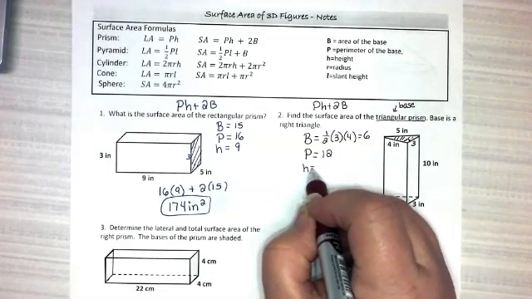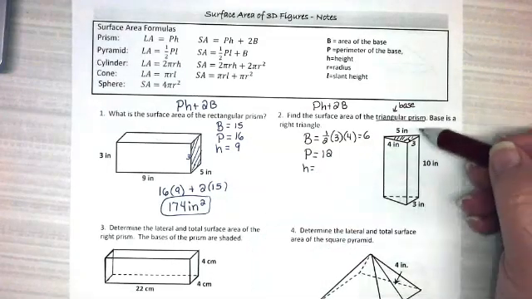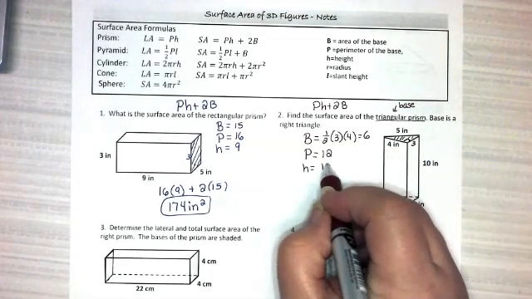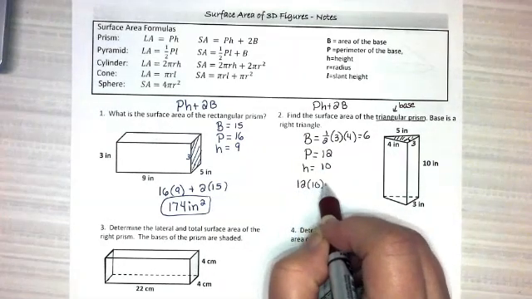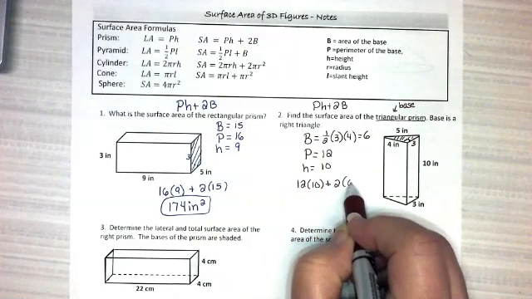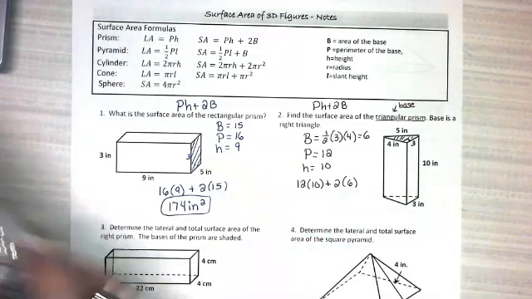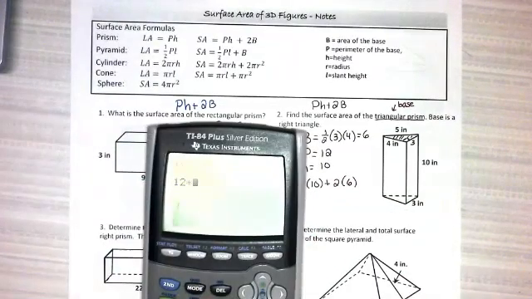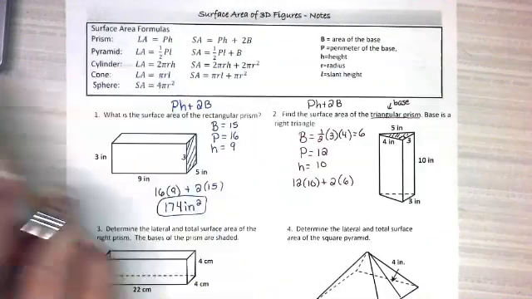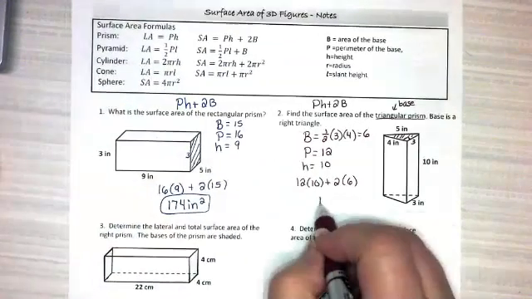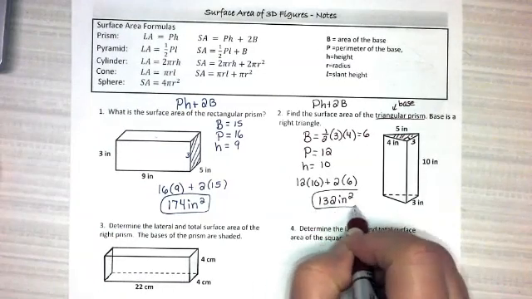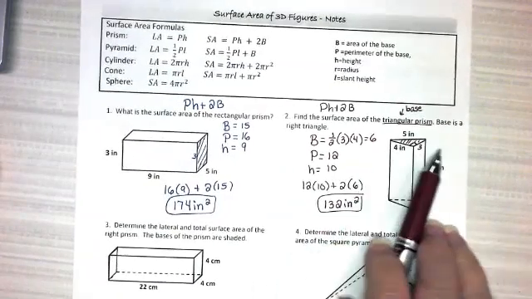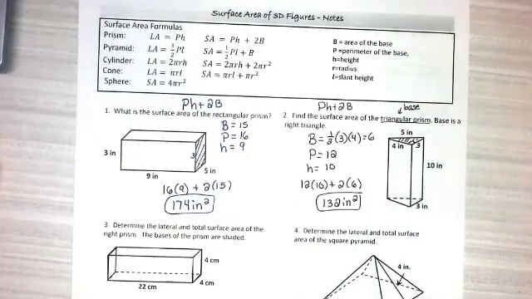And then my height, the distance between the bases, would be 10. And we plug our numbers in. Perimeter times height plus 2 bases. So here we go. 12 times 10 plus 2 times 6. So this one is 132 square inches for the surface area. So we're covering all of this and the top and bottom.